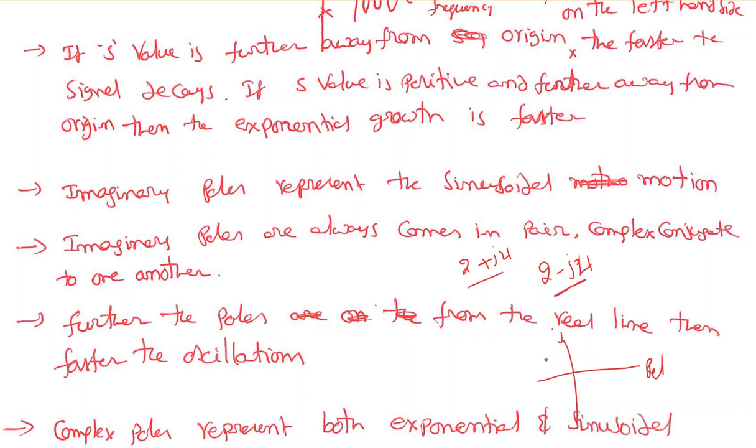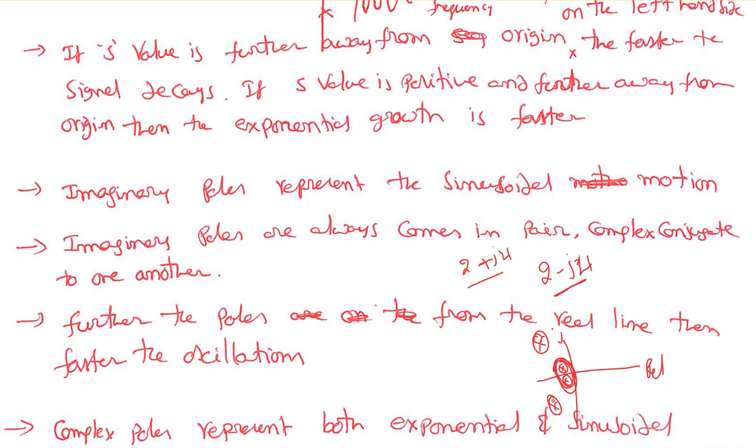If you have poles, say here is one pole, another pole is here, because that's a complex number. If you have a pole there, definitely another pole is going to be here. If you look at these two poles and another two poles here, this system's oscillations are smaller compared to this system.